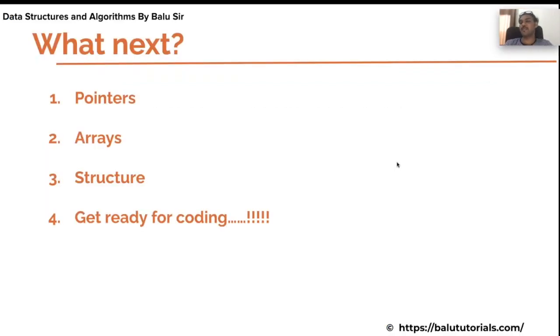Next, we'll discuss pointers and arrays, and we are going to do some coding. Why are pointers, arrays and structures required?